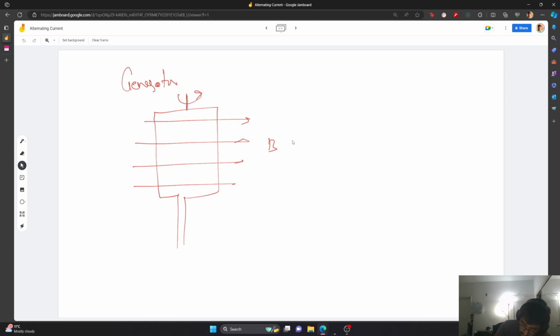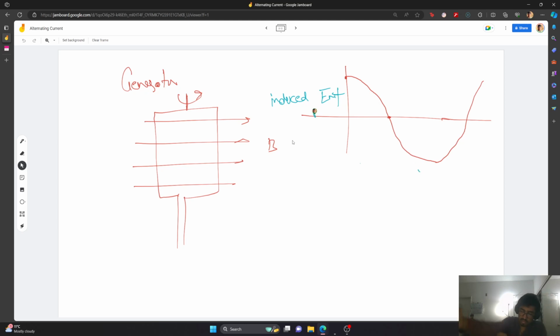So at this point the maximum amount of EMF is being generated because it's starting to turn, and then it starts to drop and comes down to zero when it becomes completely parallel, 90 degrees, and then goes to the other side. So this is the induced EMF, right? That is what we saw from the last chapter.